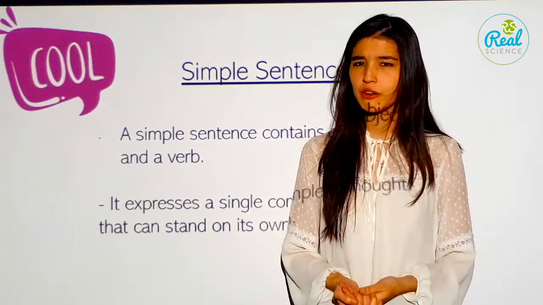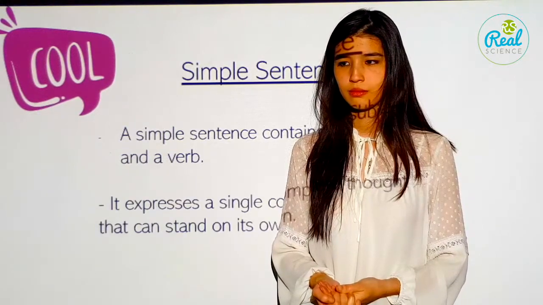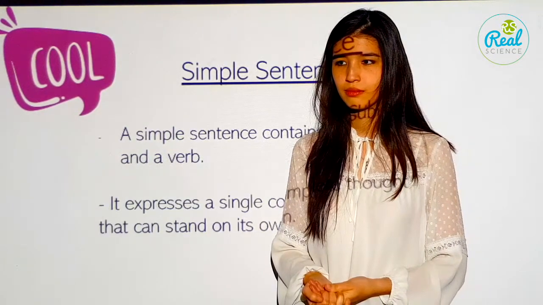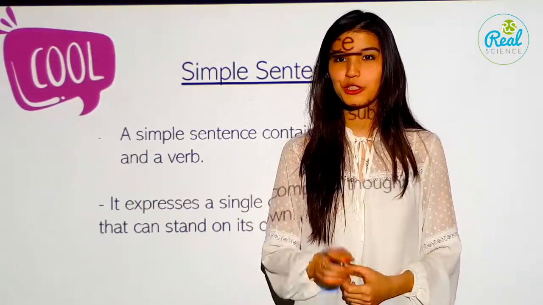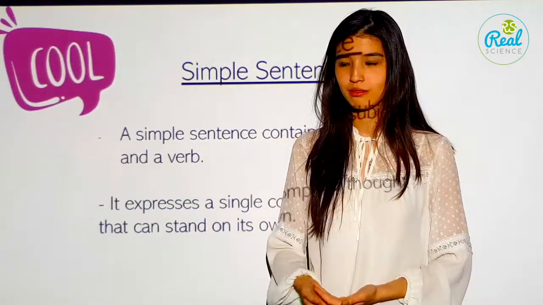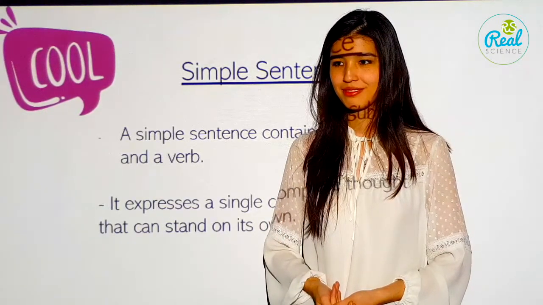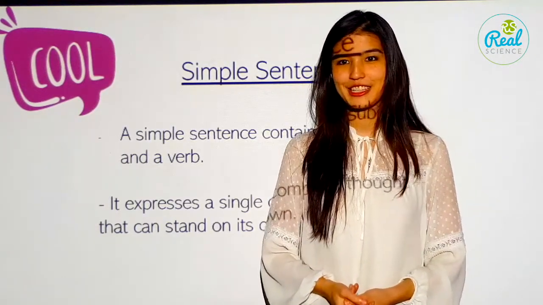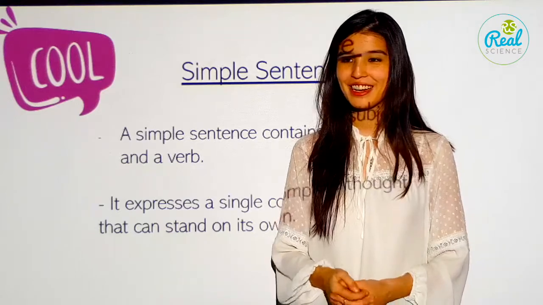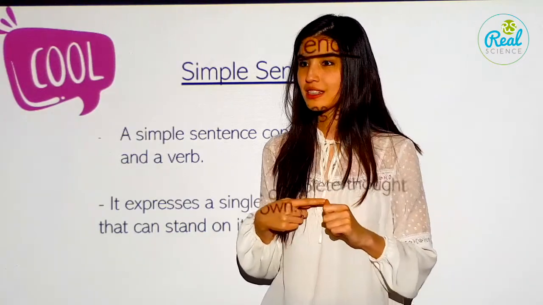How many sentences should you have in one paragraph? One or two. In which task? It depends. Let's say in Task 2, how many sentences should you have in one paragraph? Let's count your sentences.